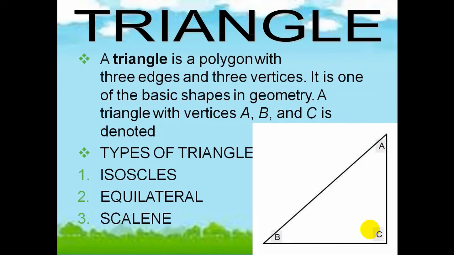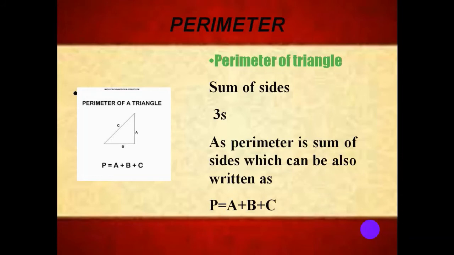Now to find the perimeter of a triangle. For the perimeter, take the sum of all sides of the triangle. You see over here we have a triangle whose length of one side is A, the length of another side is C, and the length of the other side is B. So the perimeter of any triangle, isosceles triangle, equilateral triangle, different-sided triangle, the formula will be the same in each case: side plus side plus side.